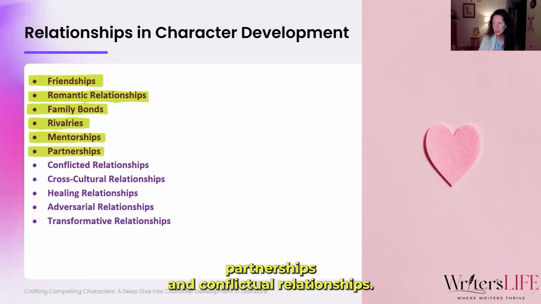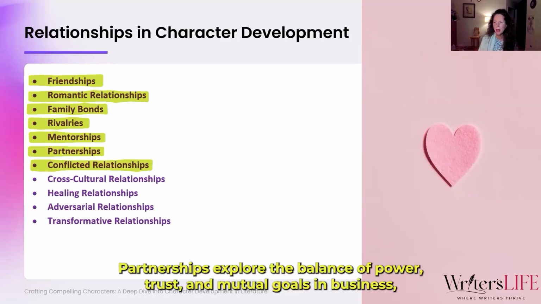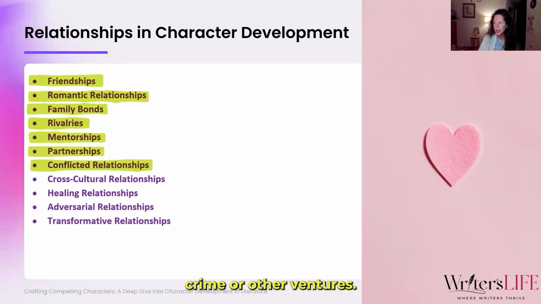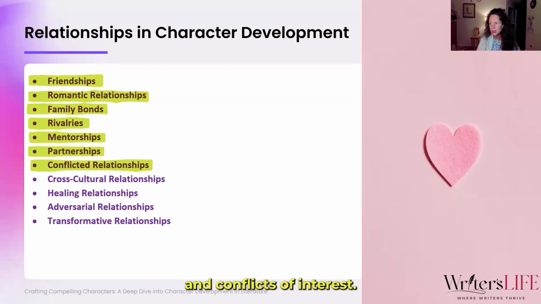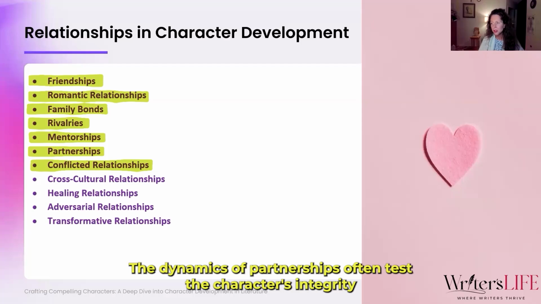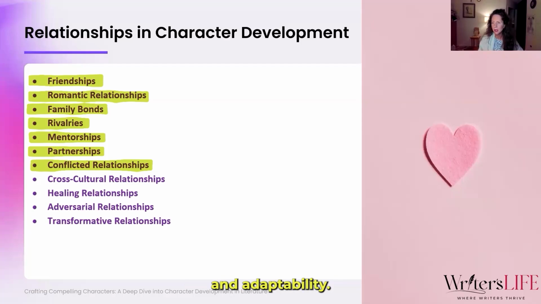Partnerships and conflictual relationships. Partnerships explore the balance of power, trust, and mutual goals in business, crime, or other ventures. Characters must navigate shared responsibilities and conflicts of interest. These relationships can reveal negotiation skills, ethical boundaries, loyalty, and so many other dynamics. The dynamics of partnerships often test the character's integrity and adaptability.